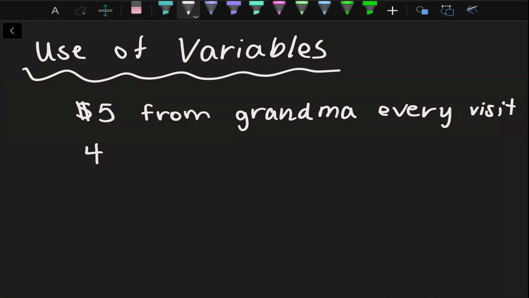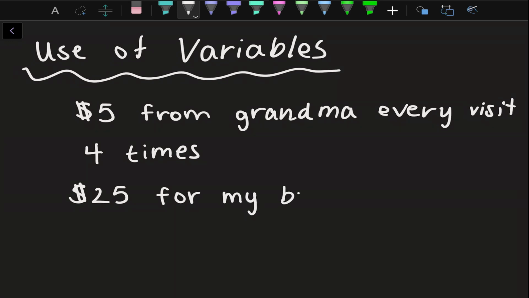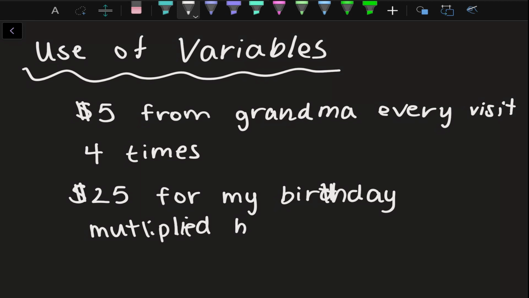And then I know that it's also my birthday that month, and I'm gonna get $25 from grandma for my birthday, and that's going to be multiplied by how old I am.